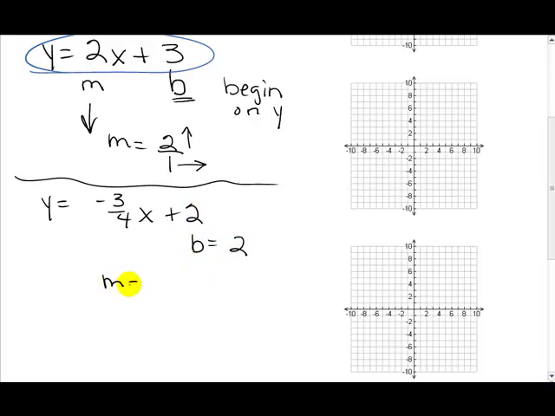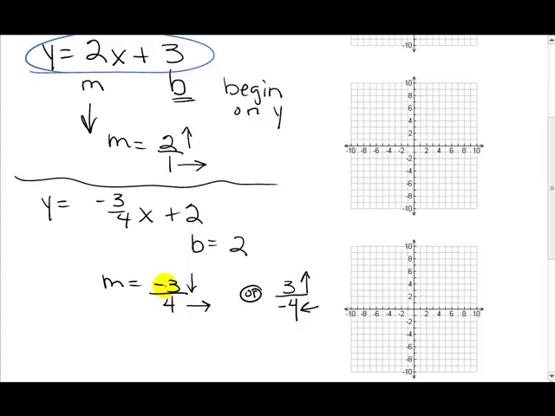Our m is -3 over +4, which means we'll go down and to the right. Or we could write this as a +3 and a -4, where we would go up and to the left. And this is going to be handy sometimes if your graph is really small and you run out of space.